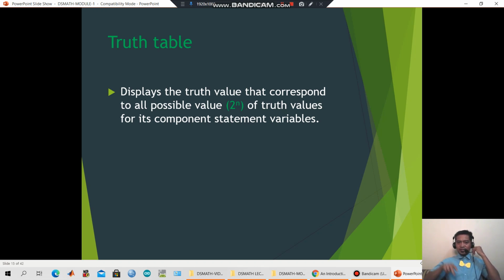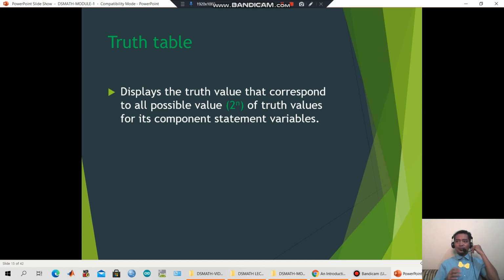Why base 2? For example, we only have 2 statements. So, ang base natin dalawa. Parang sa binary. So, ilang combination ba meron tayo sa dalawang input variables of statements? No? So, dalawa lang ang pinag-usapan, base 2, yung raised to n, yung bilang ng variables. For example, we have statements P and Q. We have 2 variables. So, that's 2 raised to 2, which is 2 times 2, which is equal to 4.